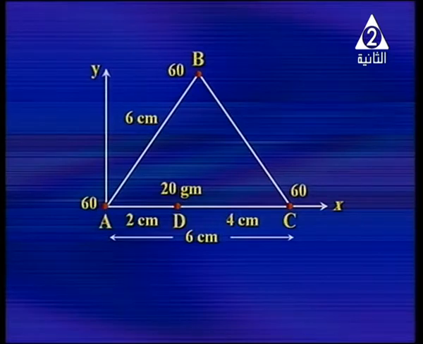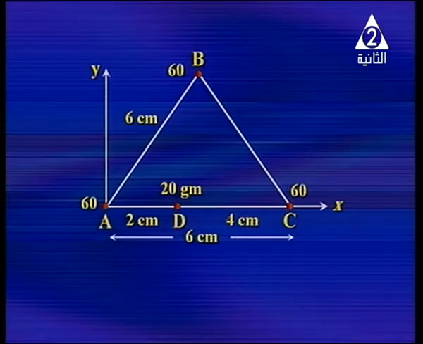We distribute its weight among the 3 vertices A, B, and C. Each mass is 60 gram: 60 gram at A, 60 gram at B, 60 gram at C. Remember, we have 20 gram at a distance of 2 centimeter from A, lying at point D.